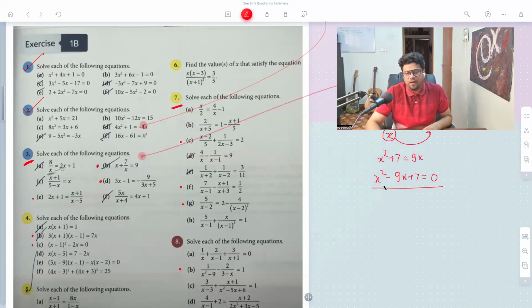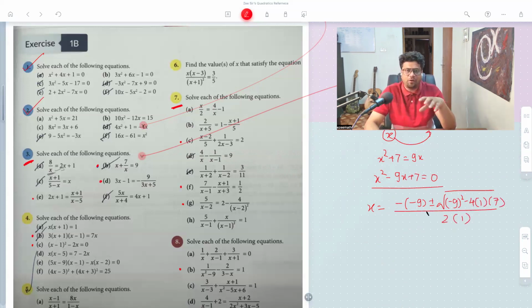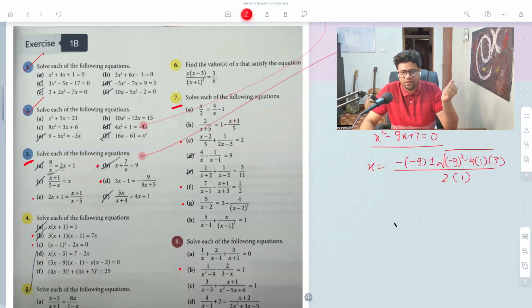Again, a simple x equals minus b plus minus root over b square minus 4 into a into c divided by 2 into a. I'm not going into the details of the formula and stuff because we have already discussed it in the previous video. That's part 1 of the whole set of questions we are doing here. And from there, of course, you can get the x value. Use the calculator. You can do it manually, whatever works for you.